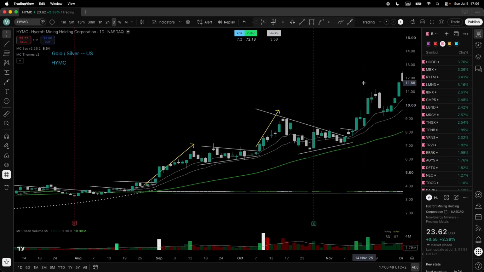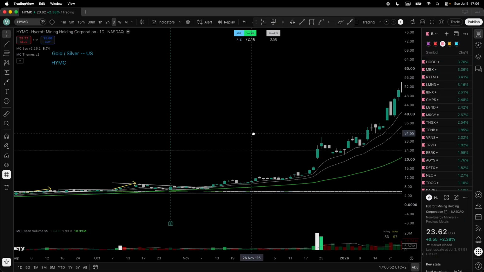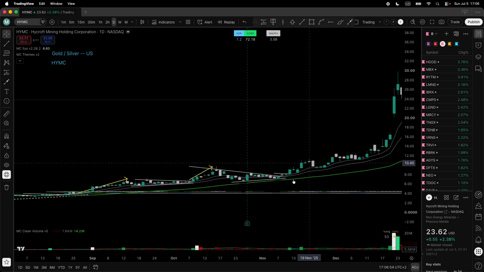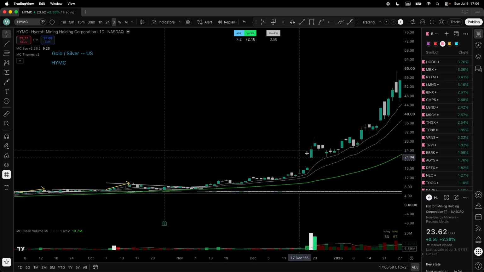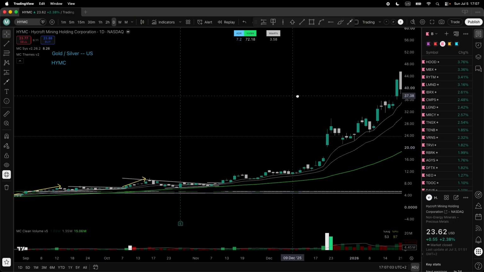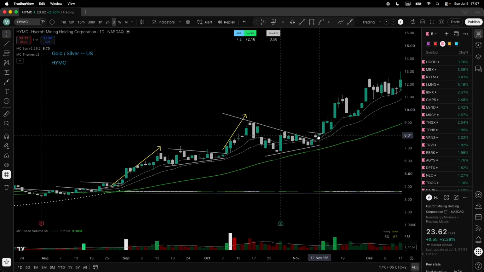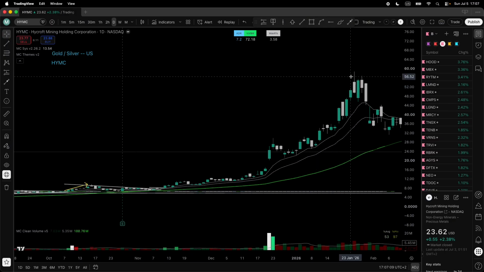And it put another very, very strong move up. This is an amazing move. As you can see, it never closed below the 10-day moving average until this day here. If you enter this with a tight stop, this could be like a 40R, 50R trade.